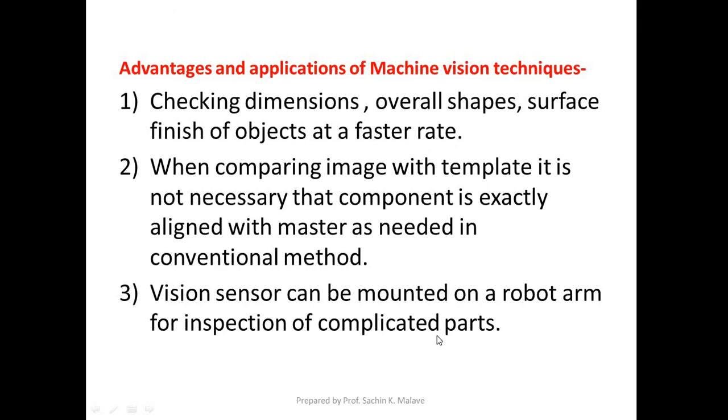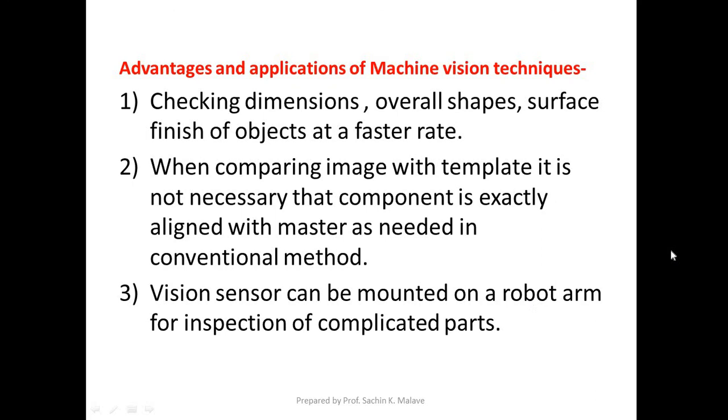Then a vision sensor can be mounted on a robot arm for inspection of complicated parts. Sometimes it is not possible for a human to probe the sensor, so you can mount the vision sensors on a robotic arm when the parts are complicated or some kind of risk is involved.